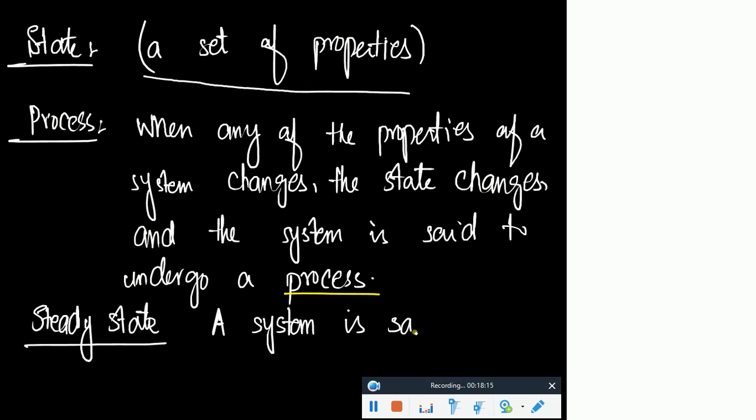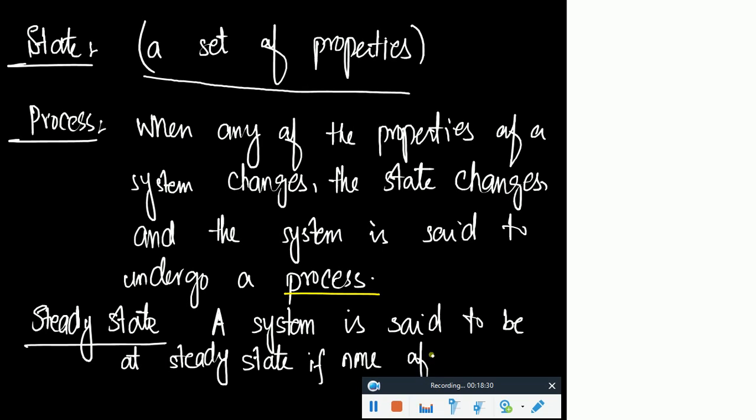A system is said to be at steady state if none of the properties change with time. Now, how can we define it?